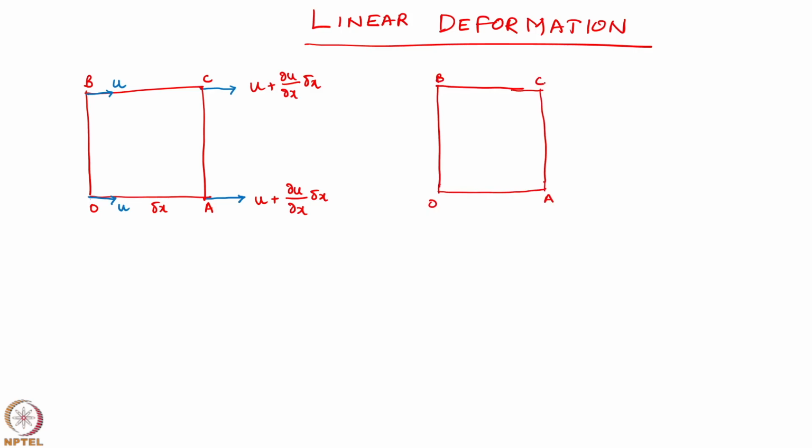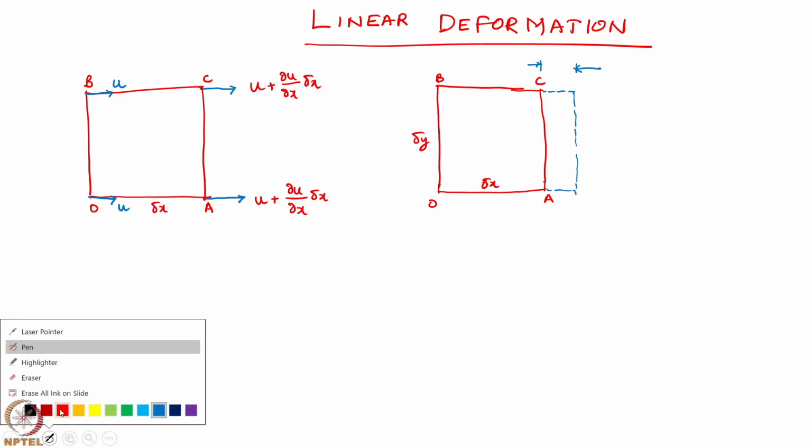OABC, what is the consequence of this? The consequence is that it will cause stretching. So, the fluid particle has gotten stretched. What is the distance by which it has gotten stretched over a time delta t?